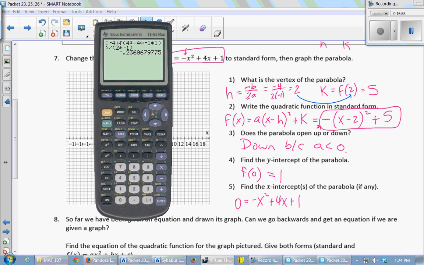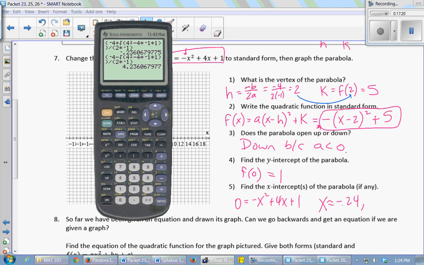And I get negative 0.24. Okay, so that's what I get when I do negative b plus the square root of b squared minus 4ac all over 2a. And then I'm going to do this all again, but I'm going to change that plus to a minus.